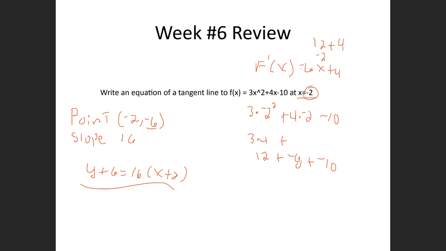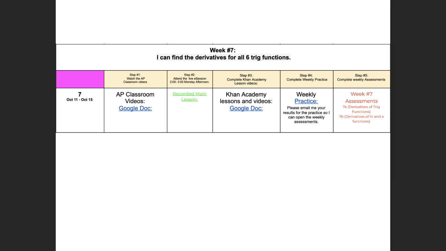All right. So this week, we are dealing with trigonometric functions, the derivative of the trig functions. So we have to find the derivative of sine, cosine, tangent, cotangent, secant, cosecant.